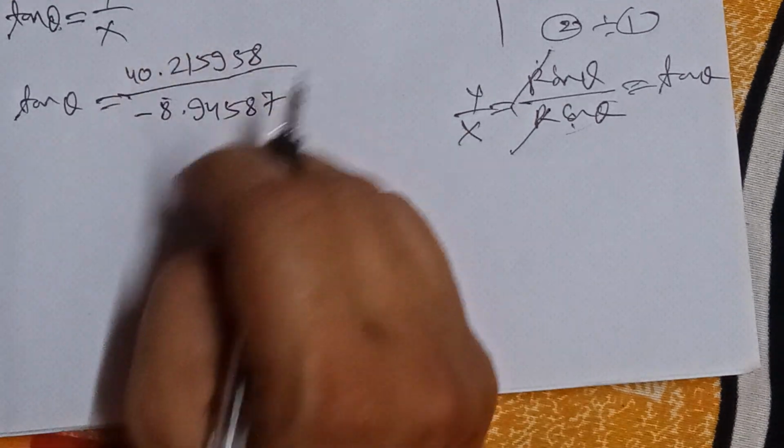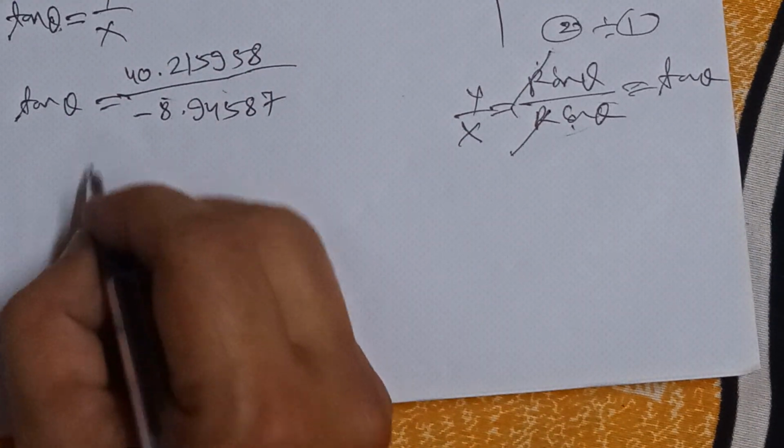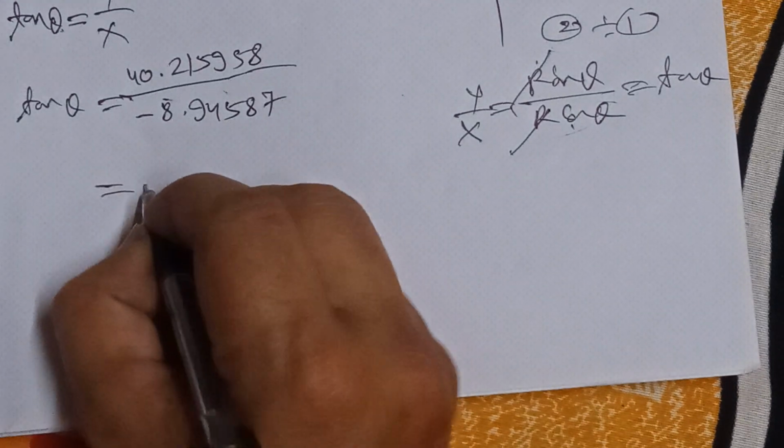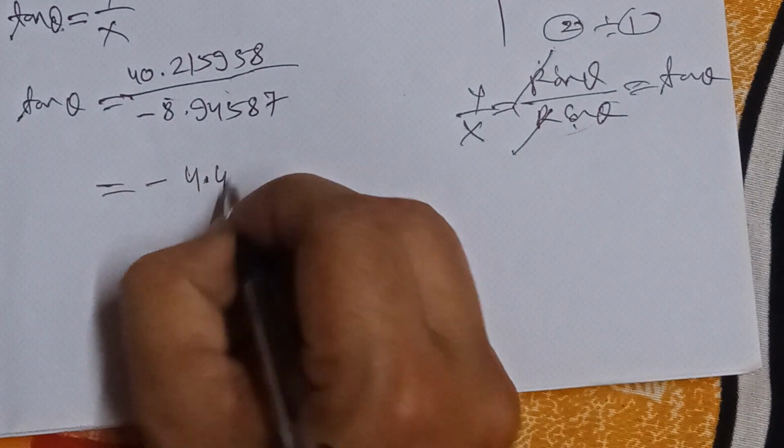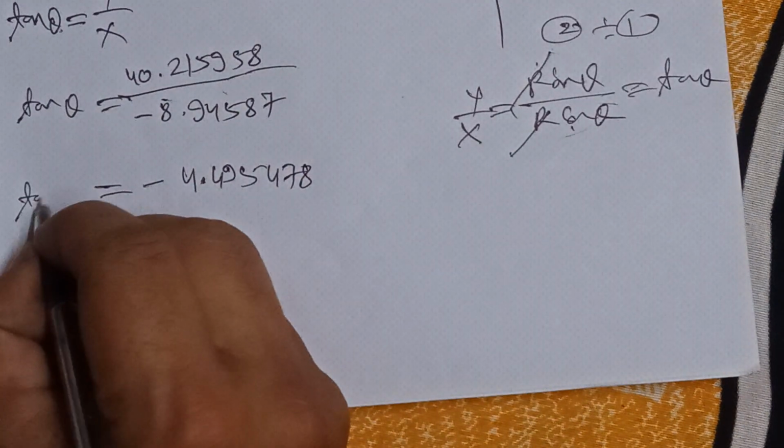On dividing this value, we get minus 4.495478 as tan theta.